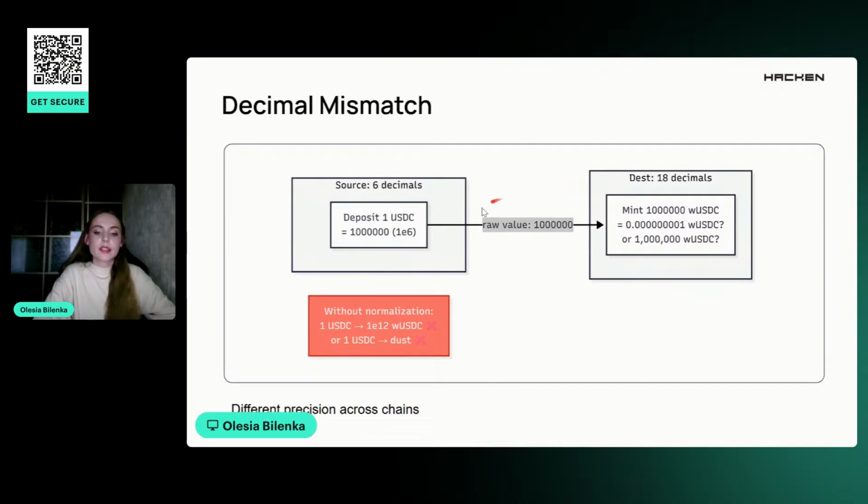User deposits 1 USDC, and if the destination has 18 decimals, the received amount is just a dust. Otherwise, in case it goes from here to here, 1 USDC will be minted as 1 trillion USDC. So either way, the invariant is broken.